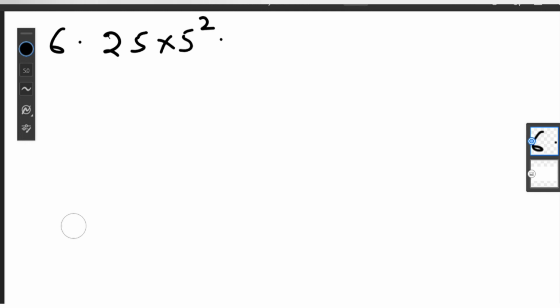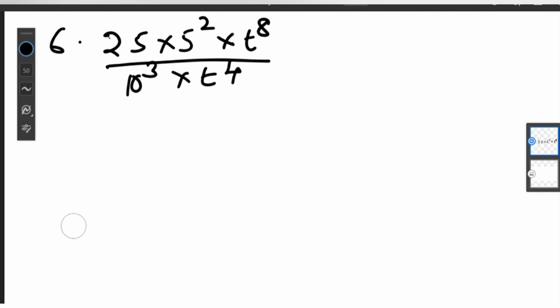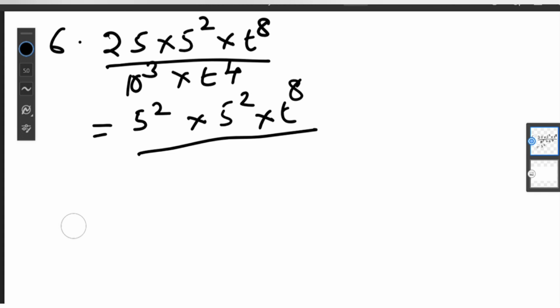So coming to the next question, that is the sixth one. 25 into 5 square into t raised to 8 by 10 cube into t raised to 4.